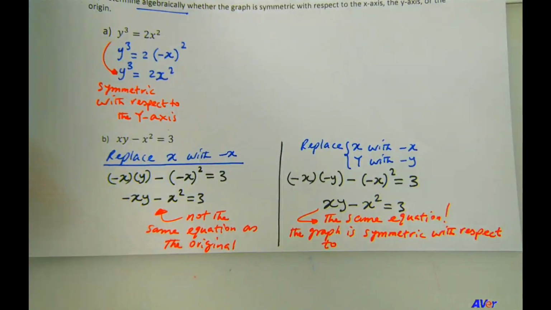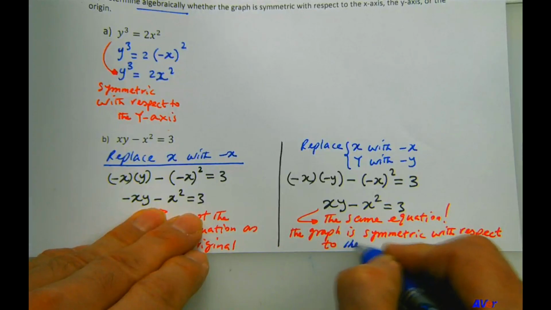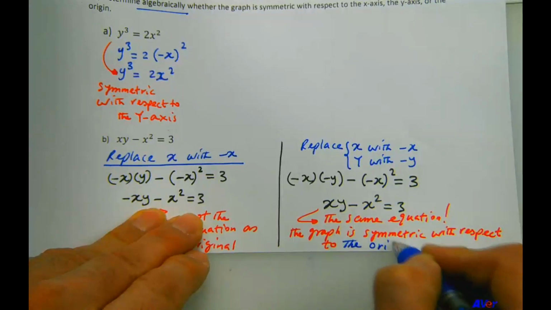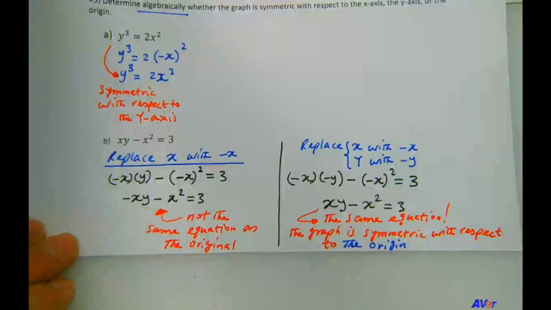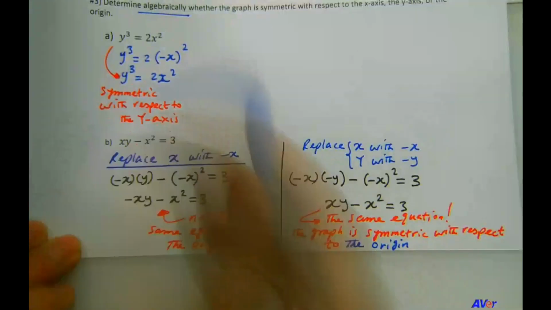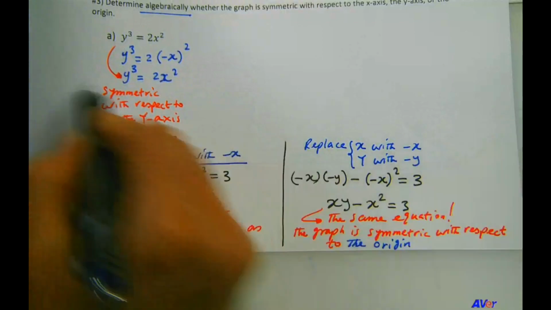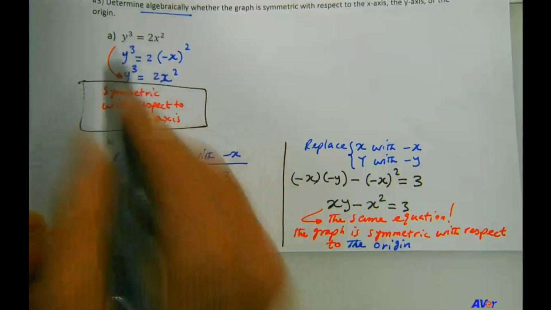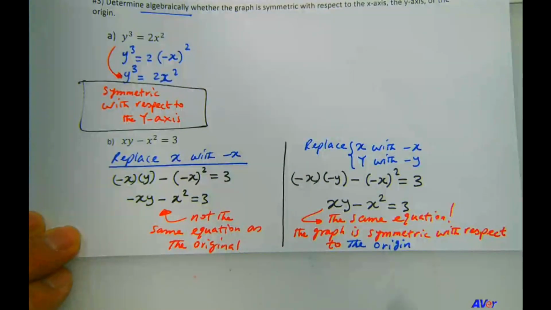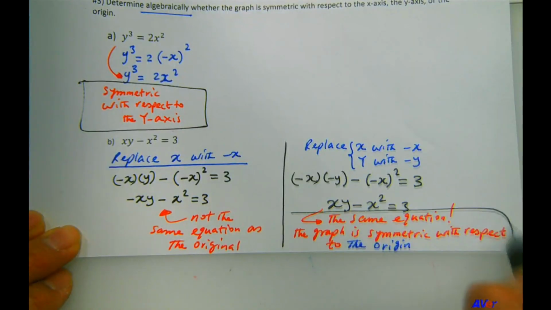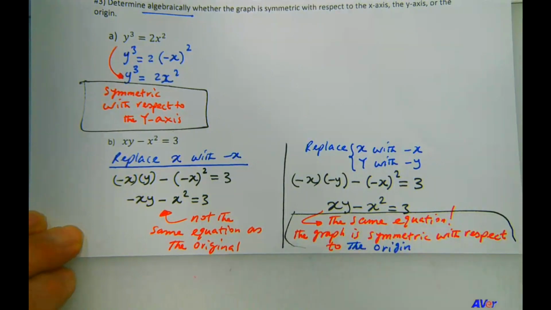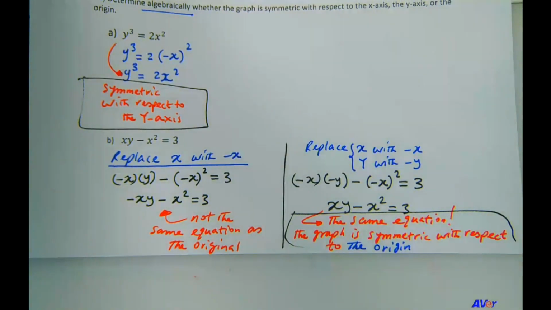So that one was symmetric with respect to the y-axis, this one, part A. And part B is symmetric with respect to the origin. I hope things are beginning to make sense.